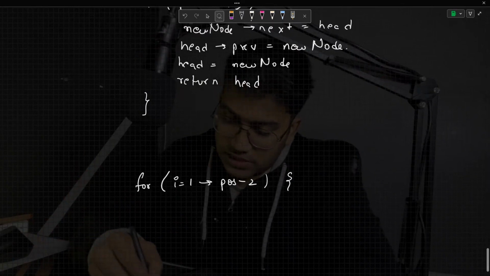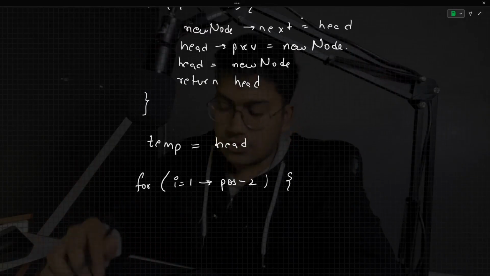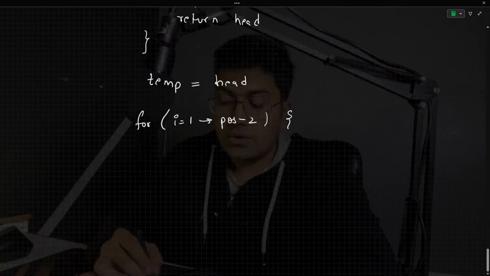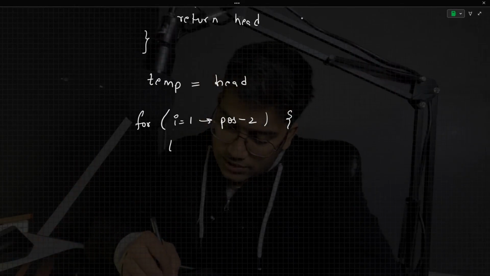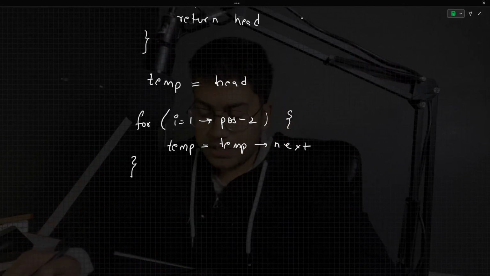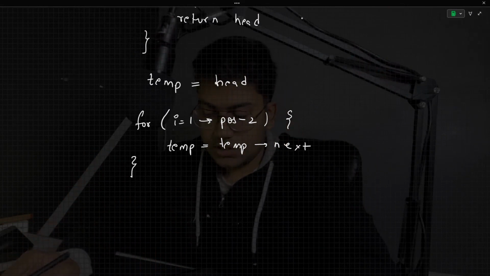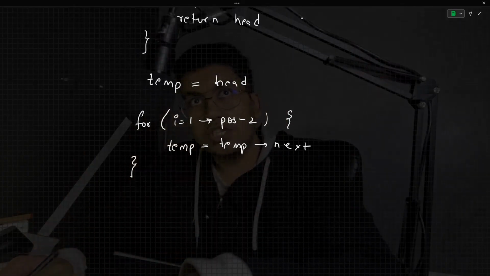I'll just take this down. I'll say temp is equal to the head. So now I have temp as head, and I know this head is non-empty. So what I'll do is I'll say temp equal to temp's next. Now this would allow us to go to the node which is just before the node at which we have to insert.